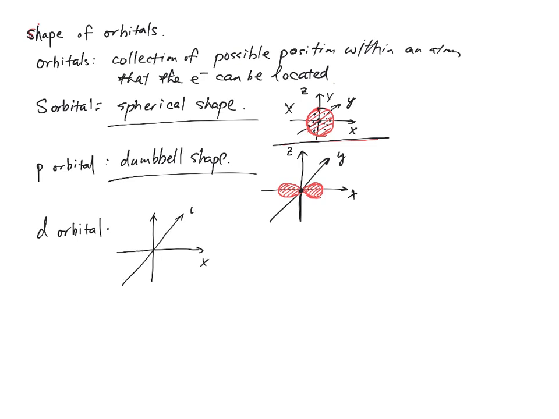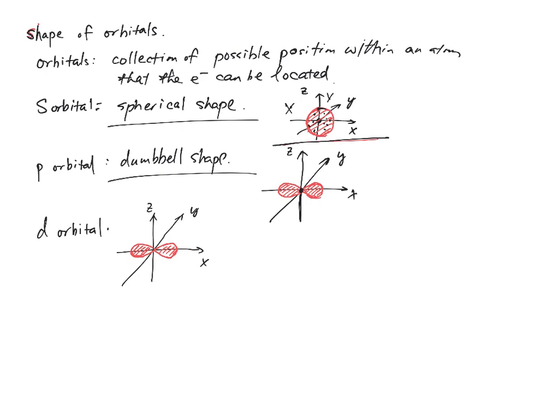So x, y, and z. The d orbital looks kind of like this. First, it's a dumbbell centered on the x-axis. And you might ask, what's the difference between p orbital and d orbital?